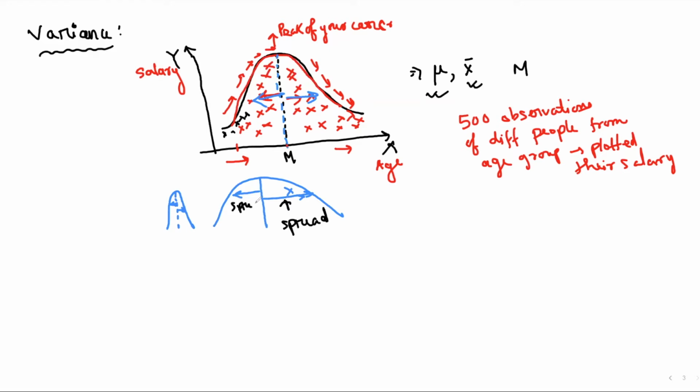So how spread is your data from your mean? In this particular case, the spread is very small, and in this case, the spread is very large. So variance is a measure of dispersion. Dispersion is nothing but spread.